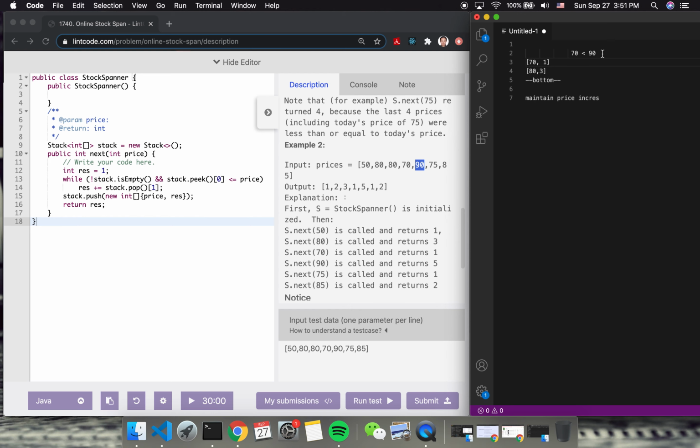So after we pop, we will store the span of 90.